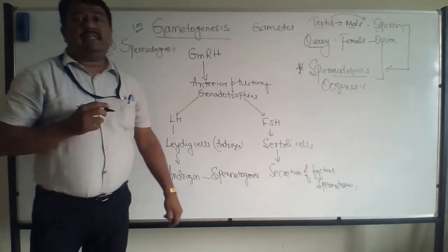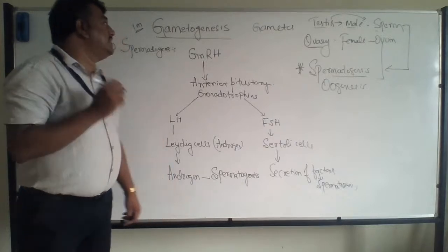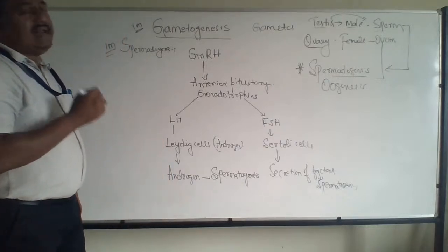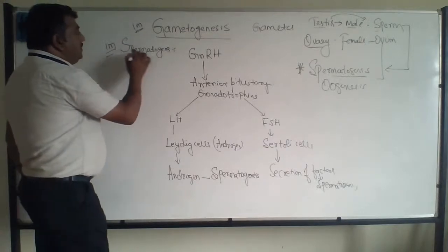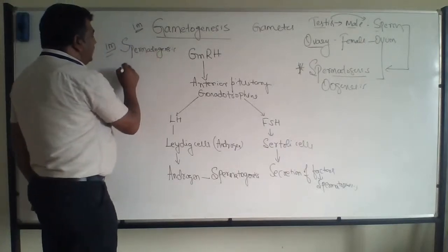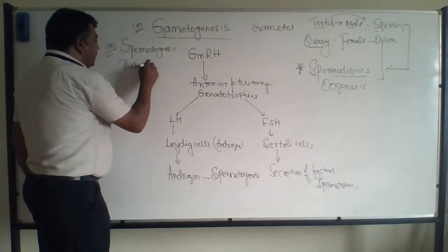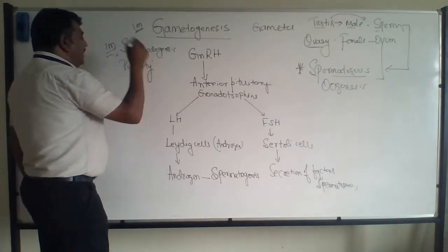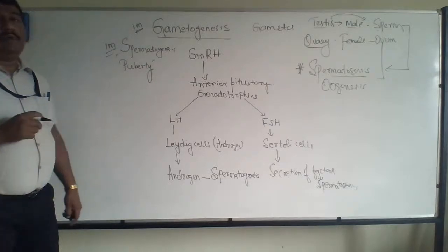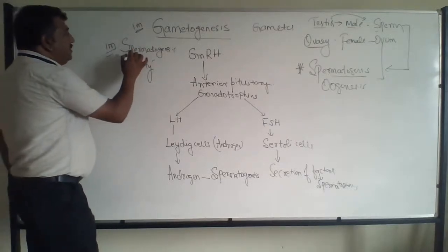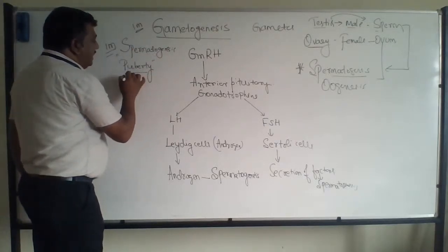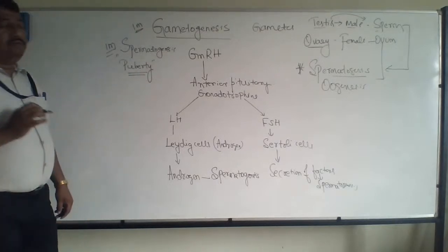When does spermatogenesis start in a human male? Spermatogenesis starts at puberty, when the male individual attains maturity. That is what we call puberty. Why?